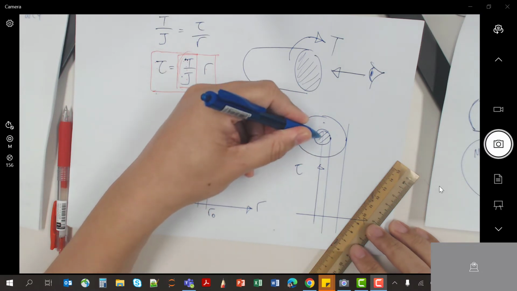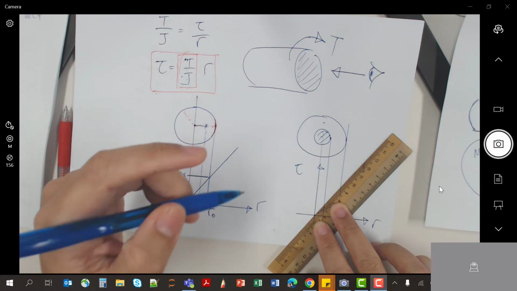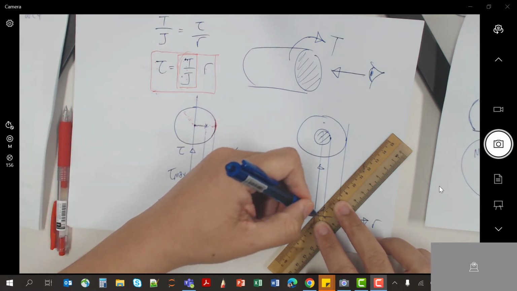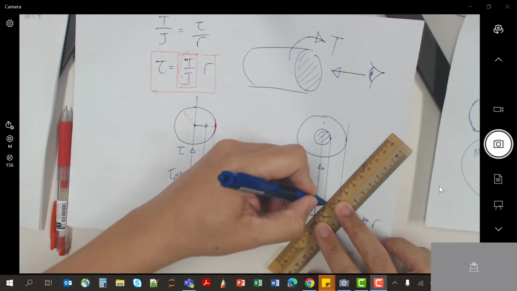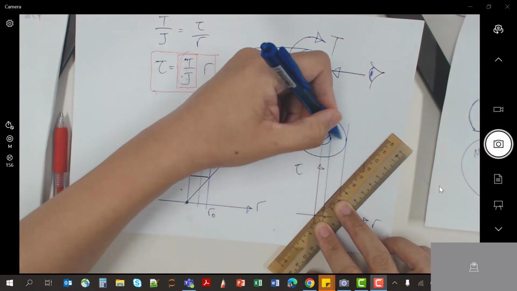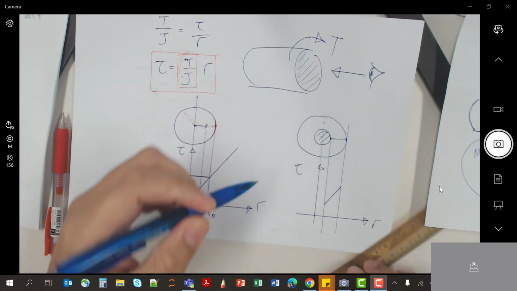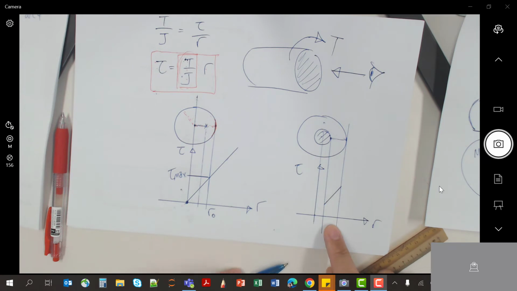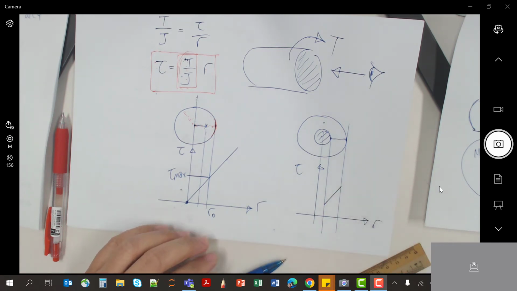There's no material in the center, so when you draw your shear stress line, you should not draw any line in this part. You should only draw one line here, because this is the only part with the shaft material. So this would be your shear stress line. Here there's nothing. Very important.